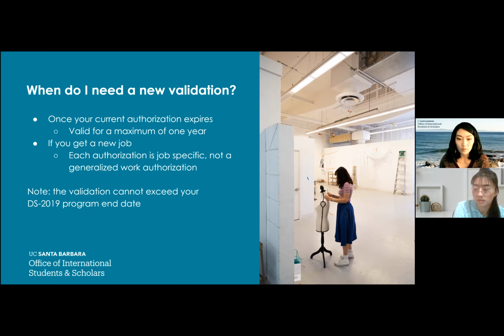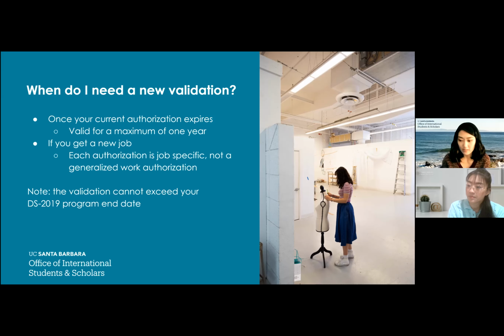So when you get your form approved, OISS is saying you are approved to be a TA in this department working 20 hours a week from this date to this date. And if you get a new job, then you would need to apply for a whole other validation. And that's what I mean when I say the work is not just a generalized work authorization.